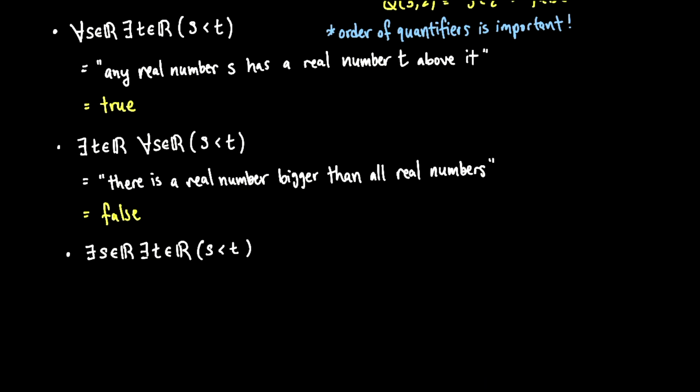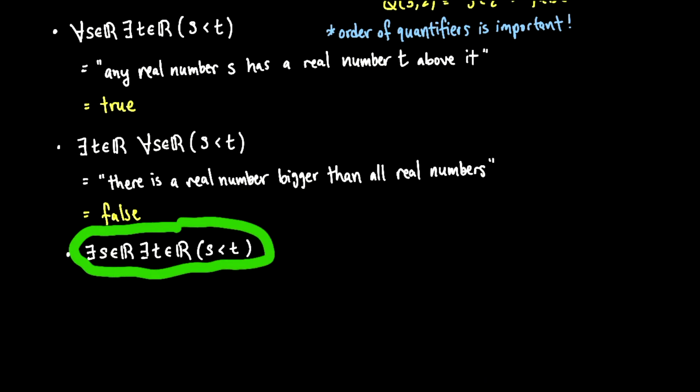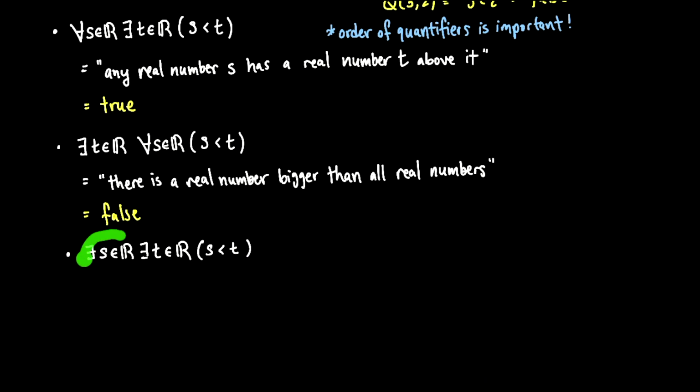Okay, well, remember, there exists means that you only have to exhibit one pair of real numbers, or one real number s and one real number t, satisfying this property. So can you find real numbers s and t satisfying this property? Sure. I could take s to be 5 and t to be 71, for example. That's not the only pair, but remember, existential quantifier means I only have to find one. There exists at least one pair.